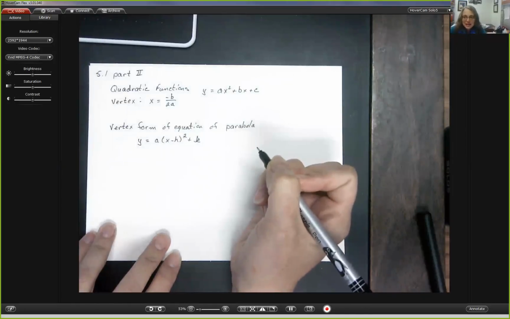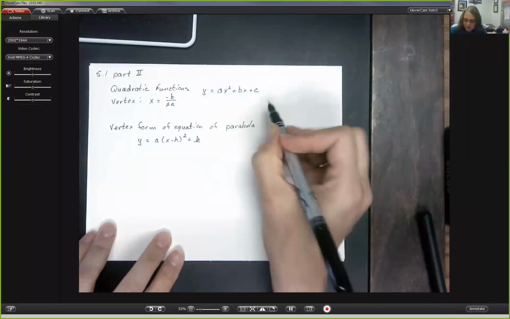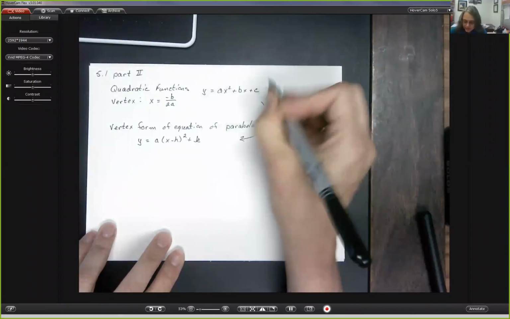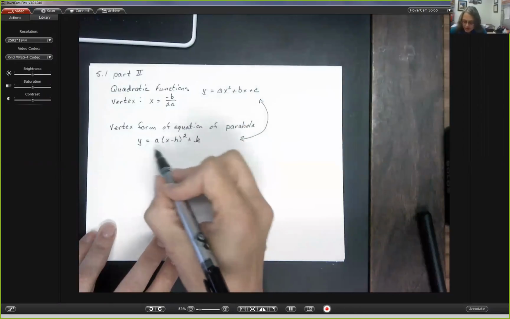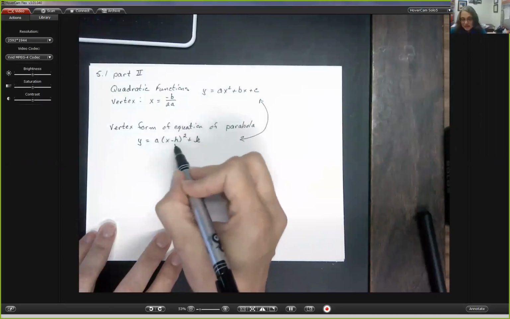This is another form of the equation of a parabola, and we can go back and forth between the two forms. If we go from here to the expanded form, we just expand everything out.